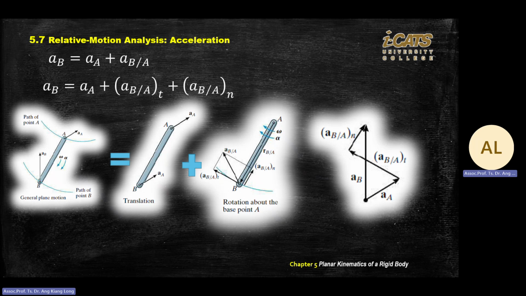You copy it, then use your ruler to continue at 90 degrees to connect with AB. But this one I won't test you, it's just for your info only. What is important is that general plane has two combinations, translation and rotation, and one important formula, V equals omega R. That is what is important for today.